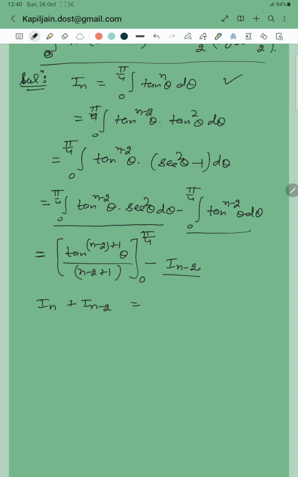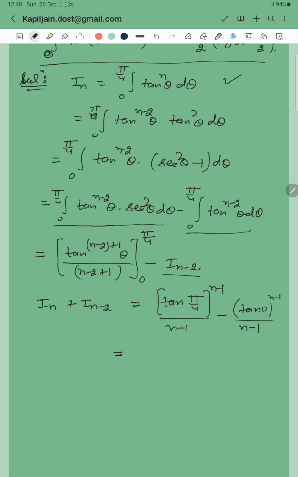So solving this by putting upper limit minus lower limit, tangent theta raised to power n minus 1 divided by n minus 1, replacing theta by pi by 4, minus, replacing theta by 0, tangent 0 raised to power n minus 1 divided by n minus 1.